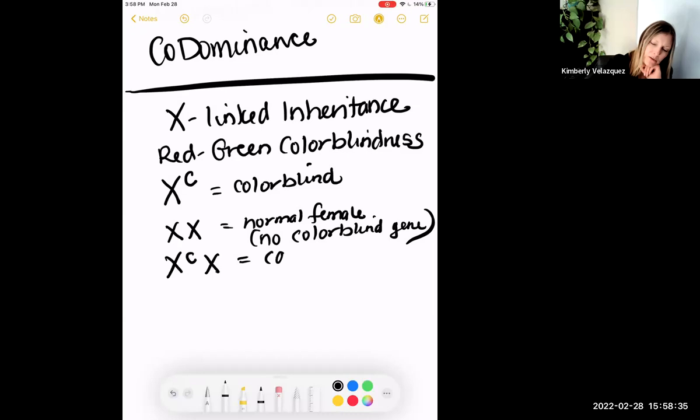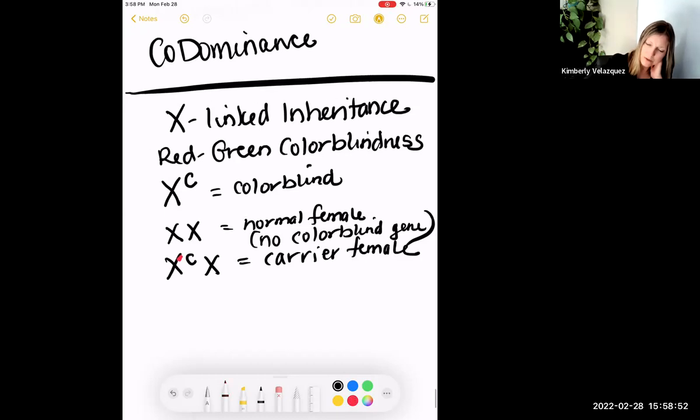This is going to be a carrier female, meaning that one of the X's has a bad gene and the other one doesn't. The only way these females could have color blindness is if both of their X chromosomes have the bad gene. So this would be a colorblind female.